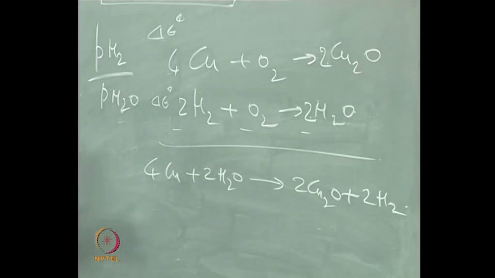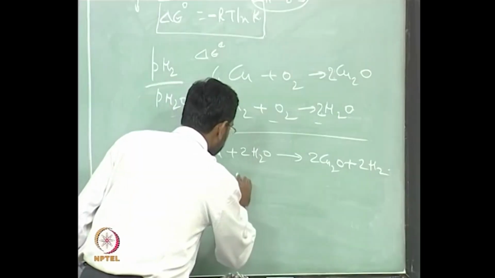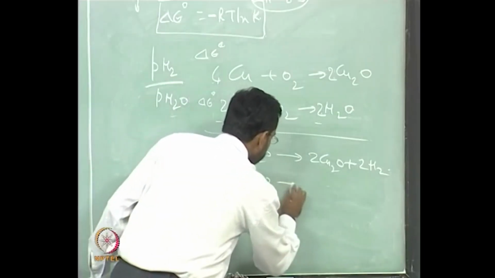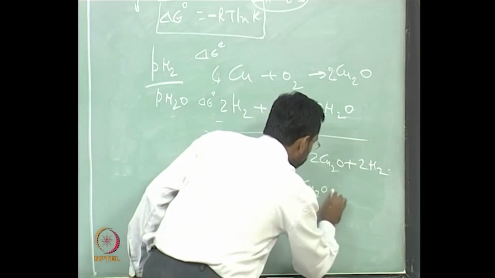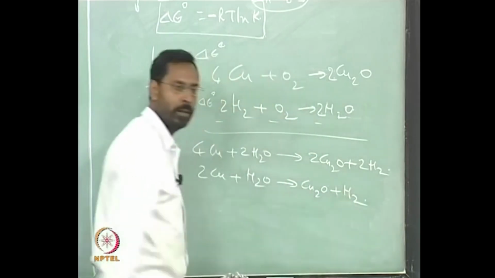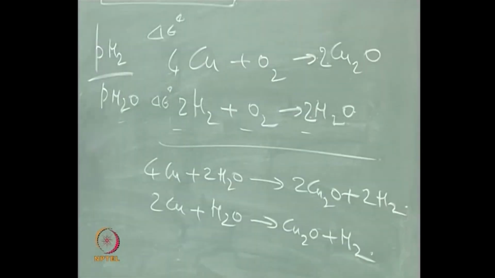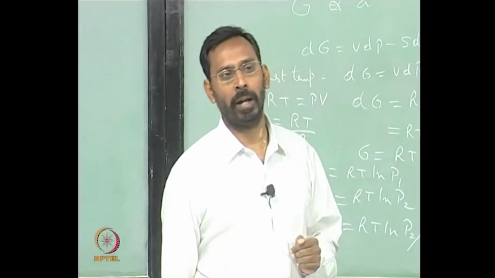And because you can see there are 4 moles and 2 moles on both sides, I can simplify it: 2 Cu plus H2O gives you Cu2O plus H2. Whenever I am dividing by 2, obviously the delta G of the reaction also has to be divided by 2; this has to be kept in mind.